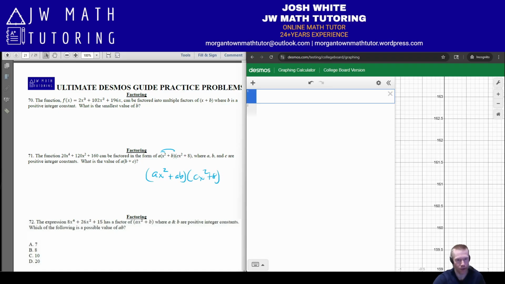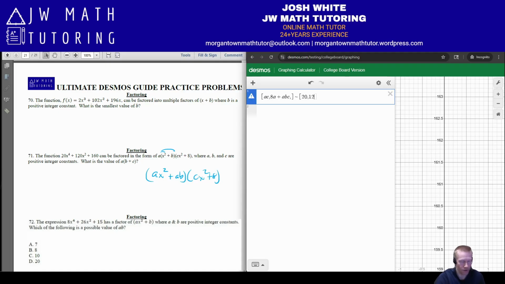And now I'm going to note that my first two terms, which are AC, are equal to 20. And then my inner and outer terms, so my outer term is 8 times A, my inner term is actually ABC.